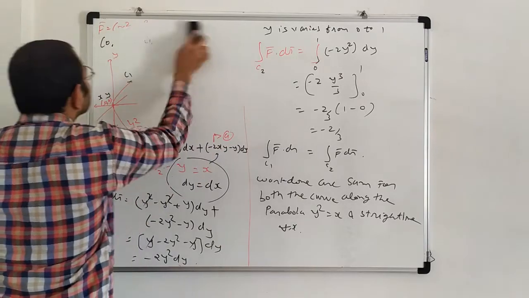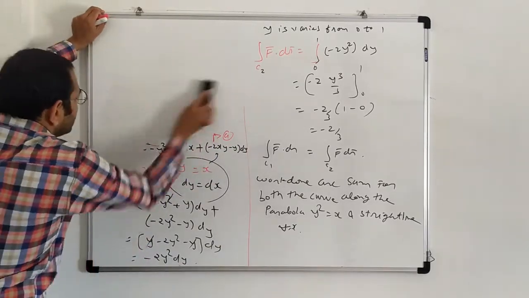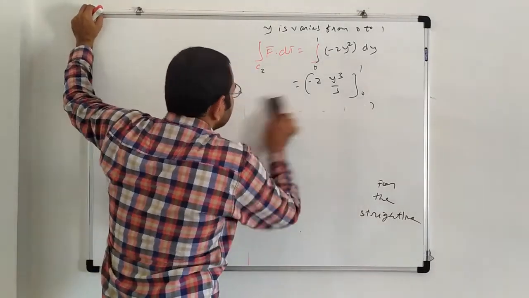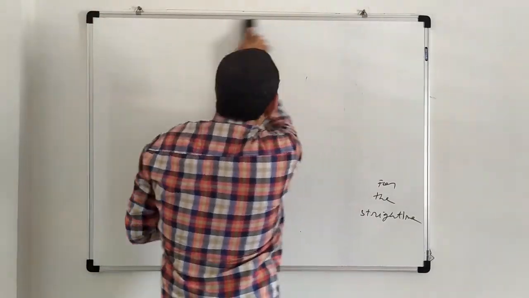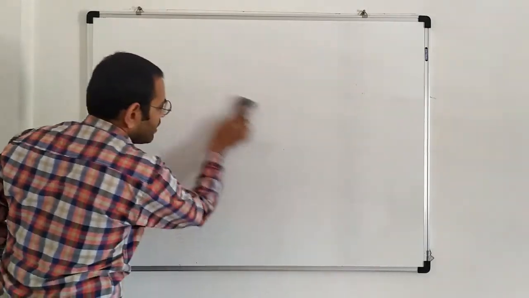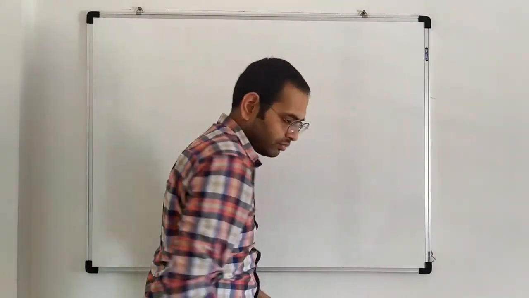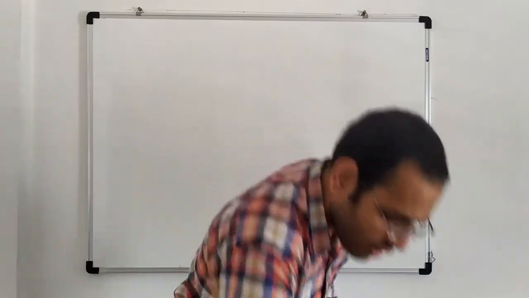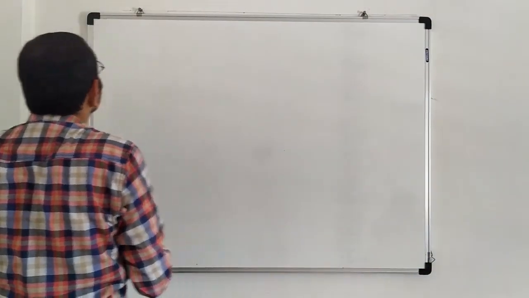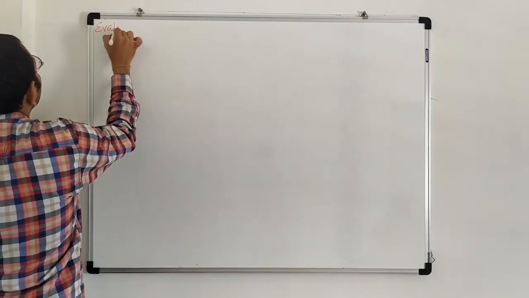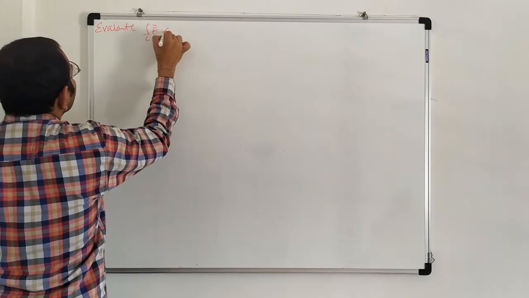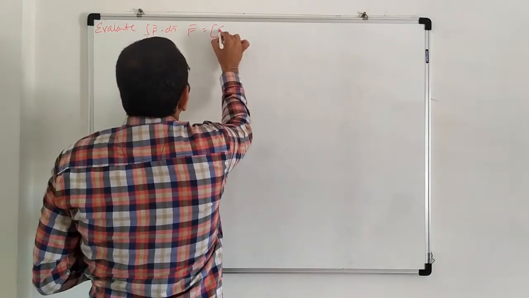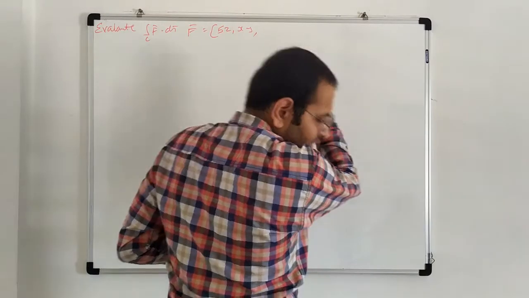Next counter example. Evaluate the integral over C of f bar dr, where f bar equal to 5z, xy, x square z.